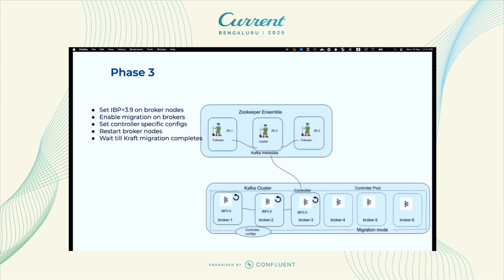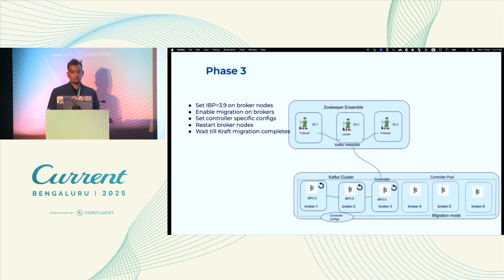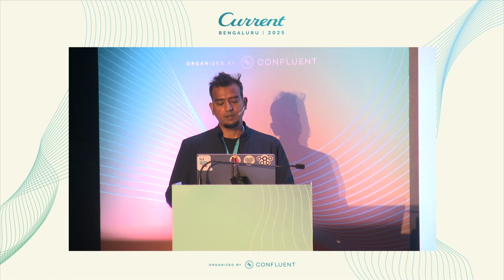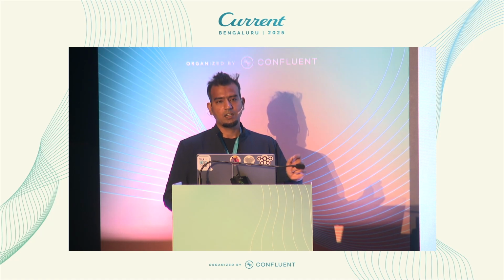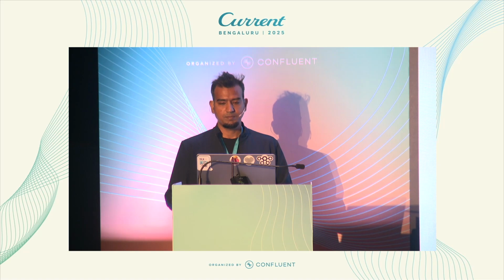Then we'll set migration on the data plane brokers, point the brokers to the controller, and then restart the brokers. Now, when you do that, the migration of the Kafka cluster will kick in, and on the active controller broker, you'll see a log saying the migration is completed. At this stage, the Kafka data plane is still connected to Zookeeper, and it's also connected to the controller.